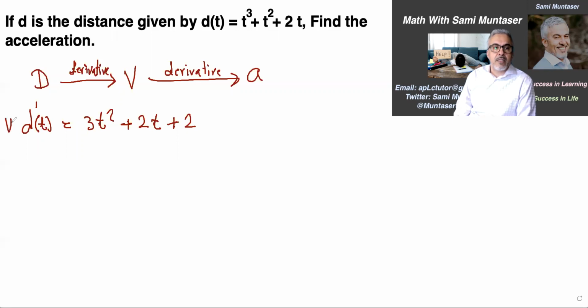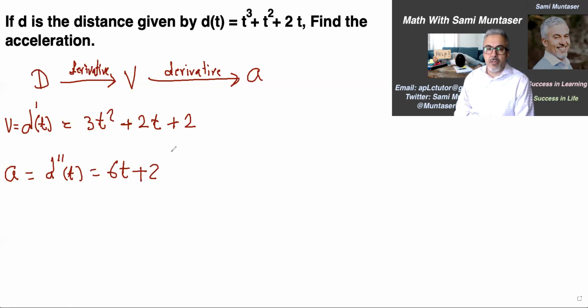Here we call it velocity, and here is the acceleration equals d double prime of t, which equals 6t plus 2. And the derivative of 2 is 0. So this is my answer for the acceleration for this question right here.